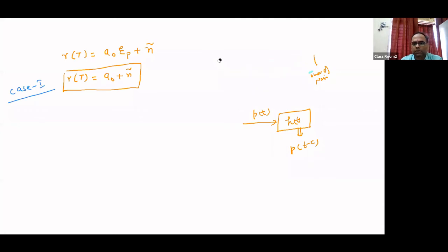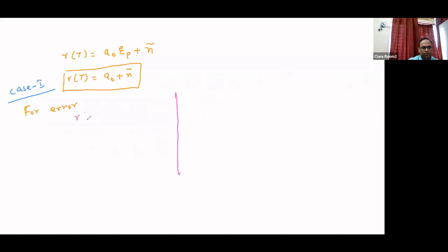Now we will put the situation or condition here to get the value of probability of error. So write down RT is equal to A naught plus N tilde. For error, we know that RT should be greater than 2A, or RT should be less than 0, right?